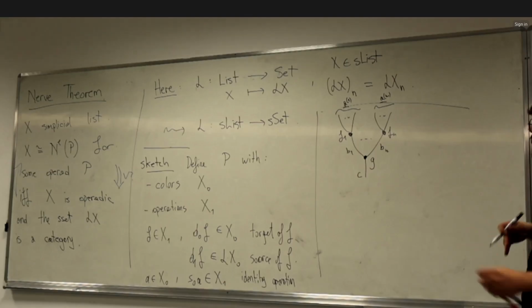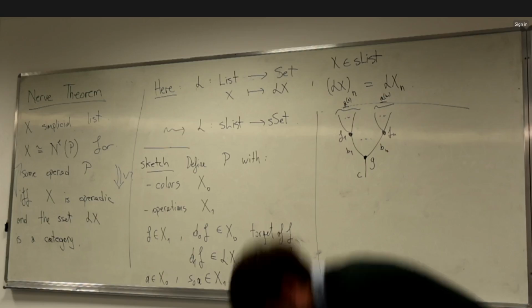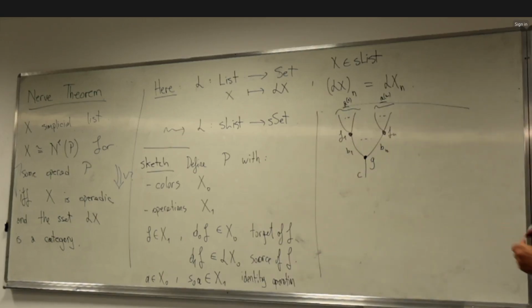So these are sequences. So if we have a configuration like this, how do I compose?